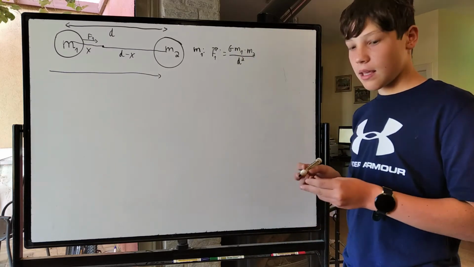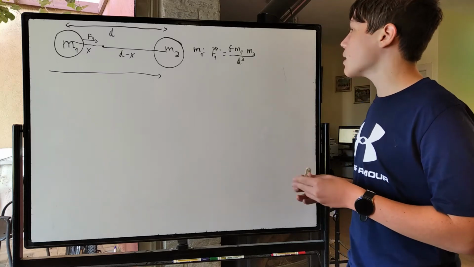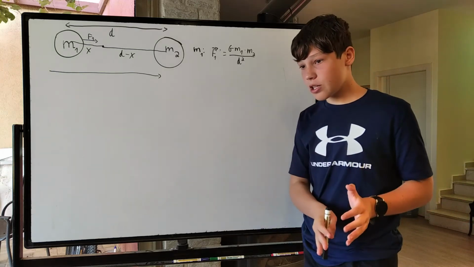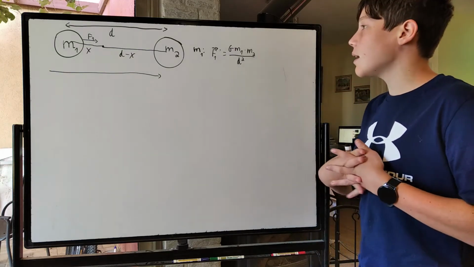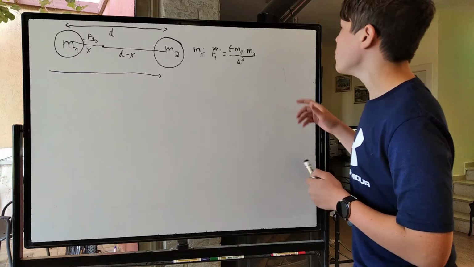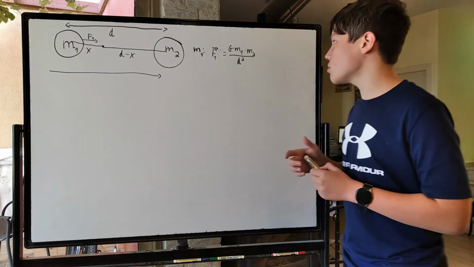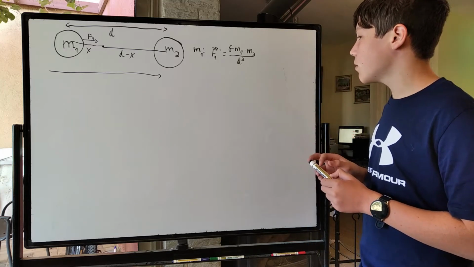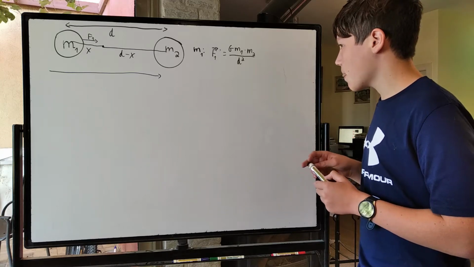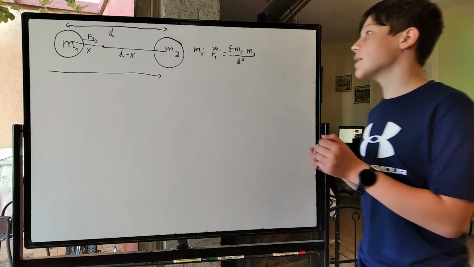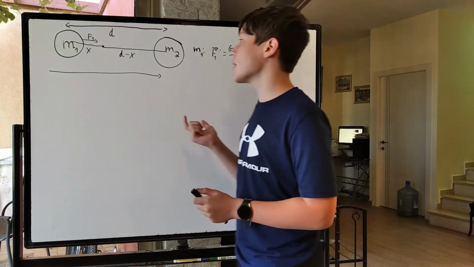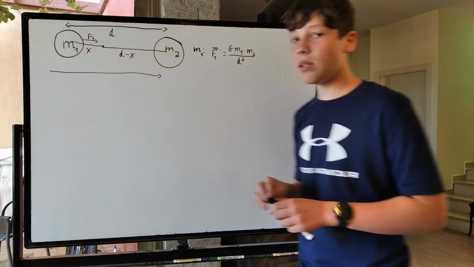And now we want to try and figure out the acceleration of m1, since if there is a force, there is acceleration. We want to use that acceleration in order to find how much time, in terms of x, it will take m1 to reach this point.